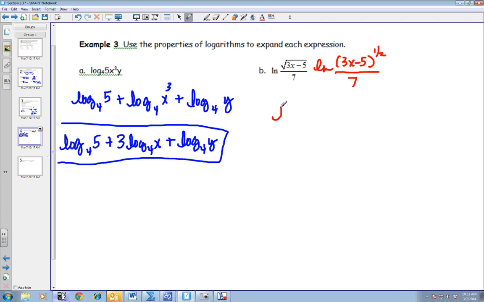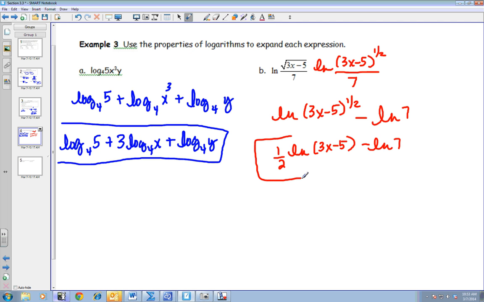So I have natural log of 3x minus 5 to the 1/2. Division can be written as subtraction, so I have natural log of 7. I have an exponent, so that exponent can be rewritten in front. 1/2 natural log of 3x minus 5 minus natural log of 7. And that's my answer.